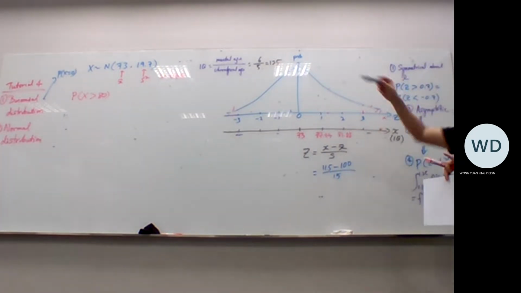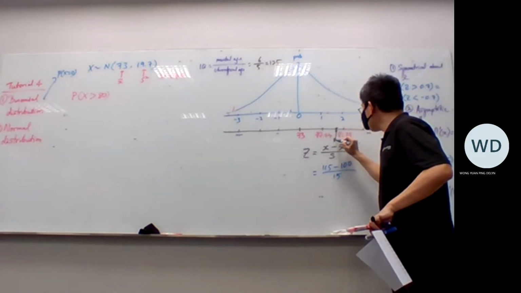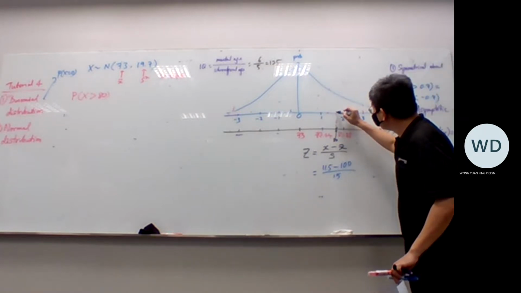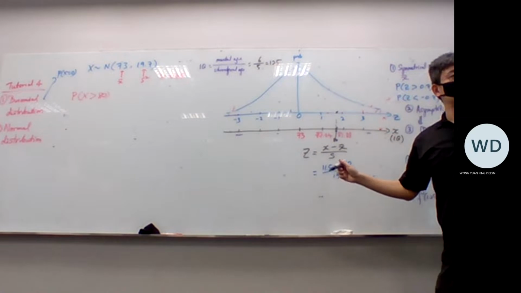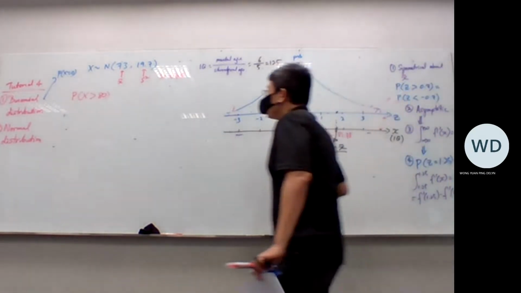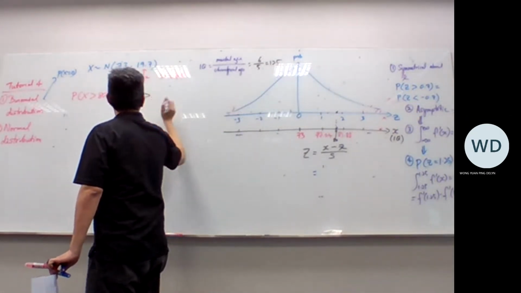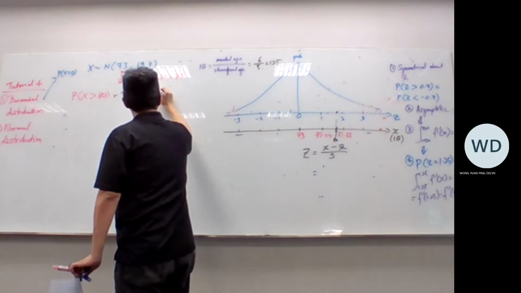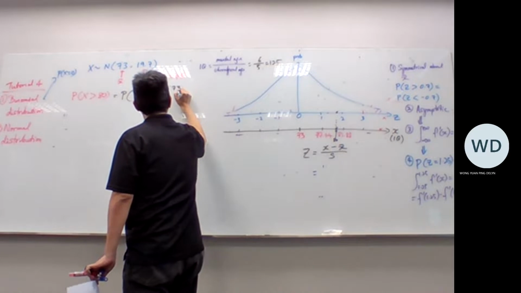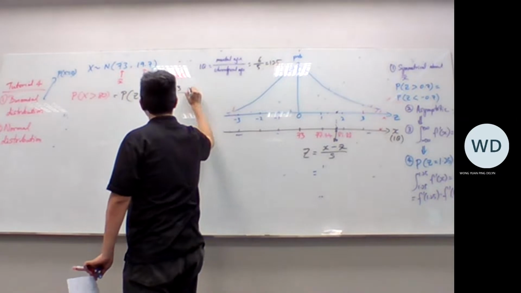Now, what we have is more than 80. So 80 is somewhere here. You have to calculate the equivalent z-score. So you have 80 minus 73 divided by the square root of 19.7.